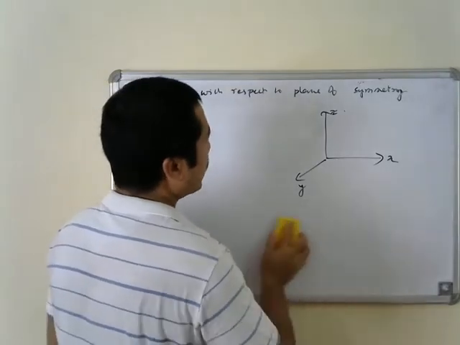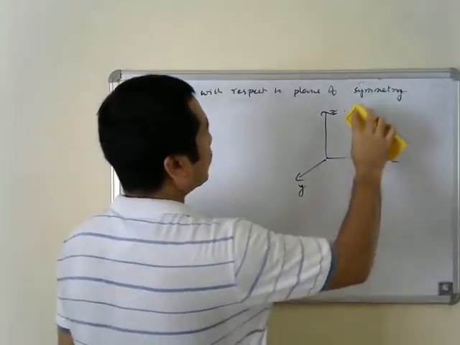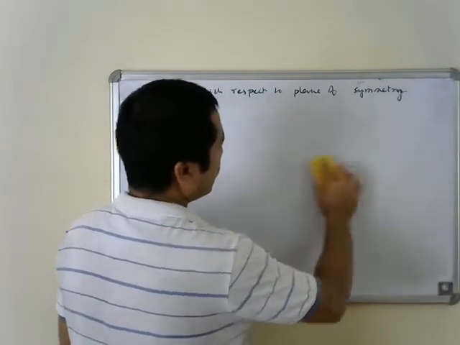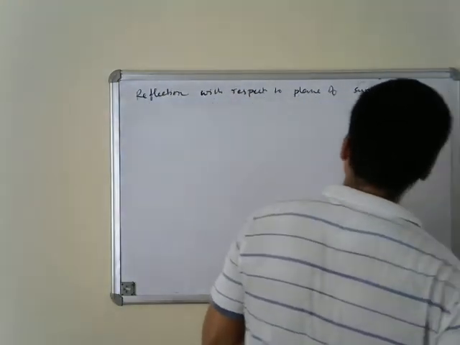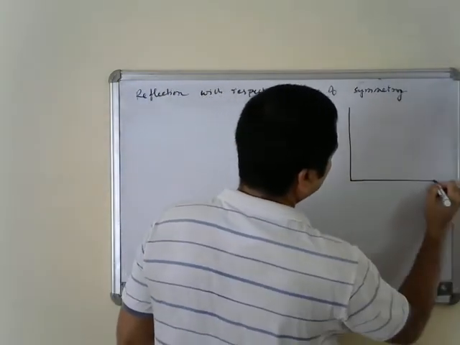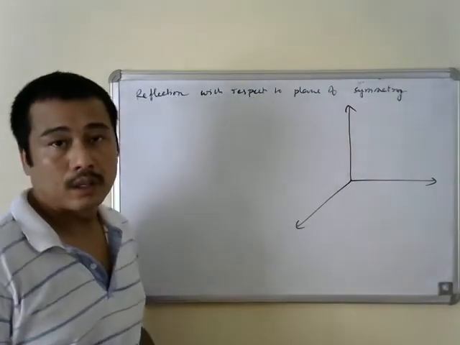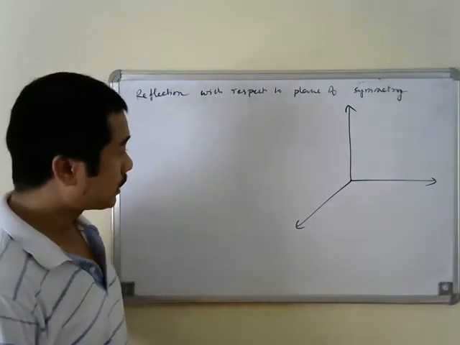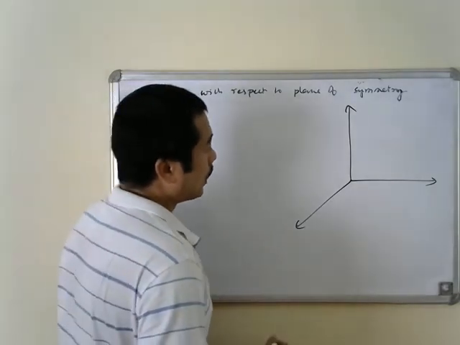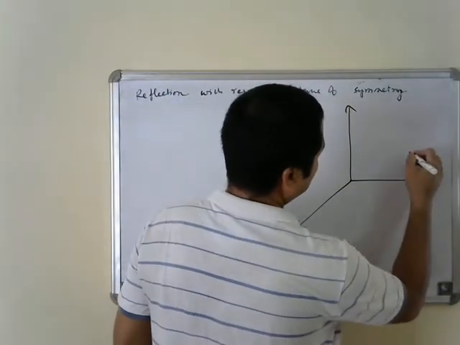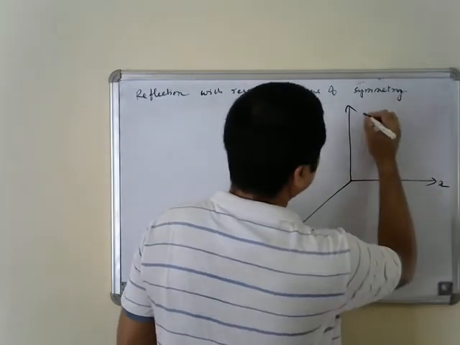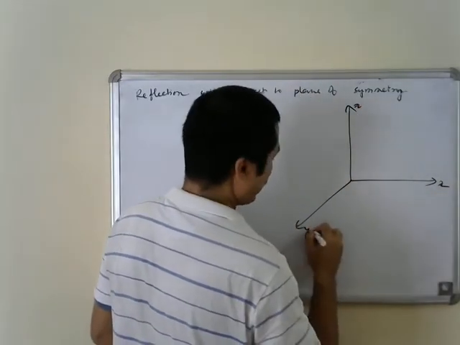So let us again do the same exercise that we did in the case of rotation while finding the matrix representation for a rotation operation. Let us say this is x, this is z, and this is the y axis.